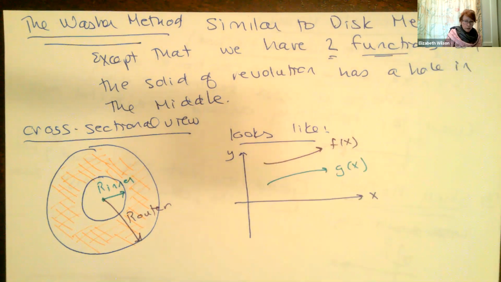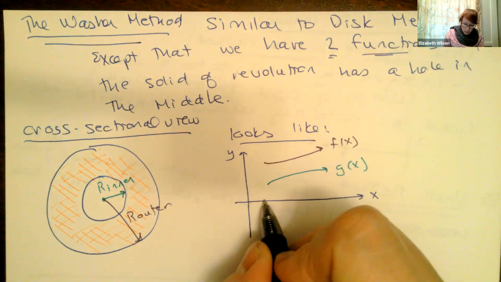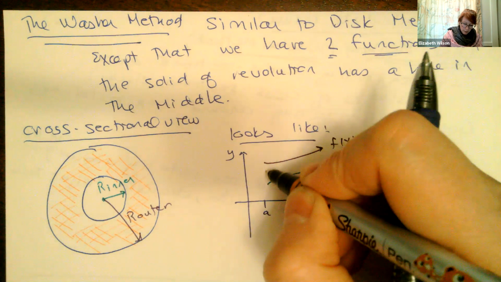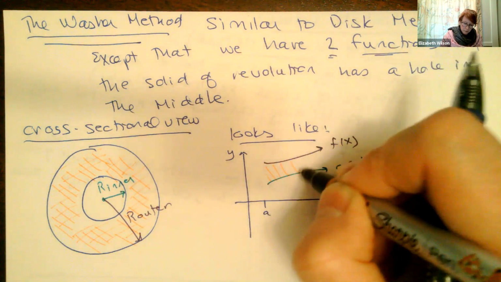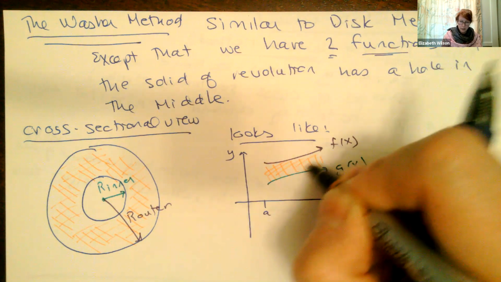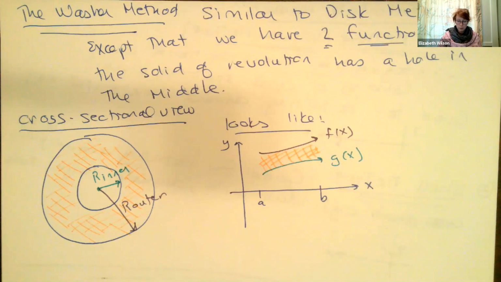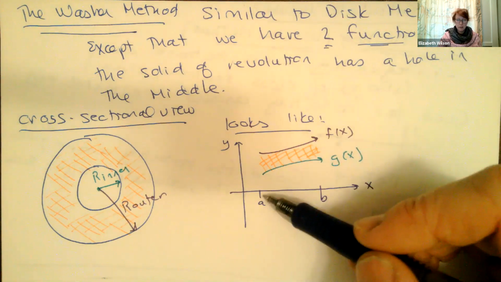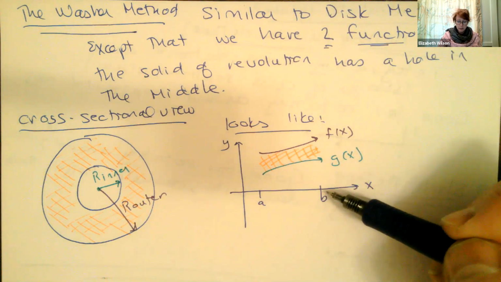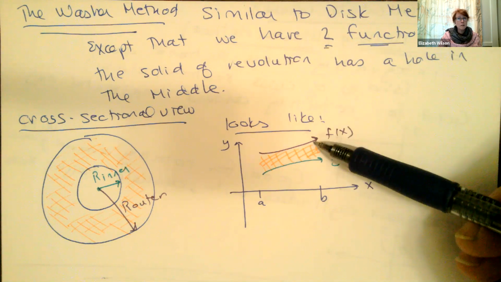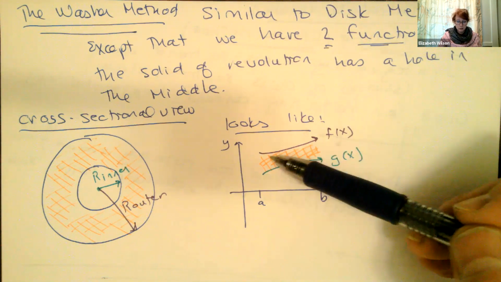Right, and my cross-sectional area, say I'm going to go from A to B, for example. Okay, so when we did this in Calc 1, we said, what's the area between x equals a, x equals b, between these two functions, right? We said upper function minus lower function. That gave us this cross-sectional area.